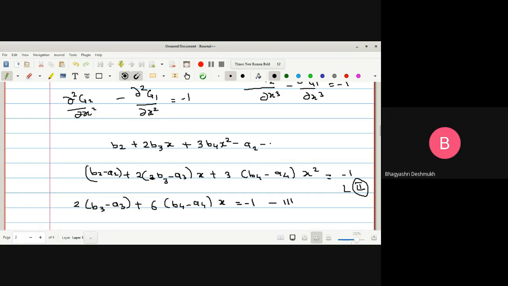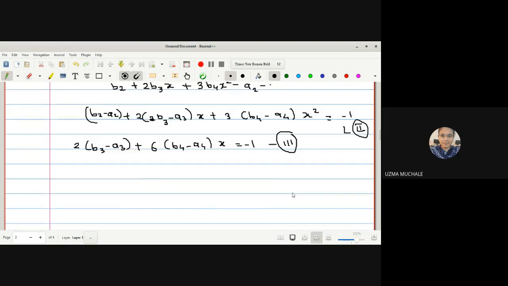This is the third equation. The last one, the third order derivative: 6 times B4 minus A4. So from here, you can write 6 times B4 minus A4 equal to minus 1. This is the fourth equation.